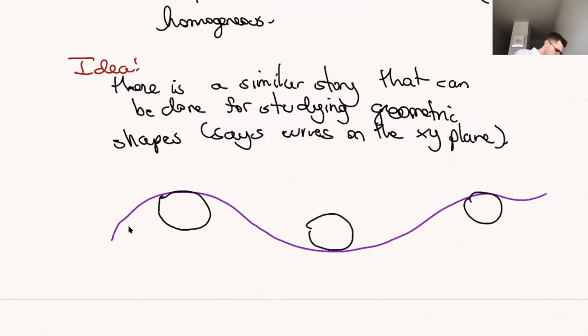You remember this? And so what you would draw to find the curvature of a curve is these circles, which are called osculating circles, right?